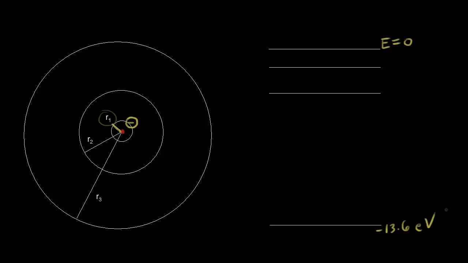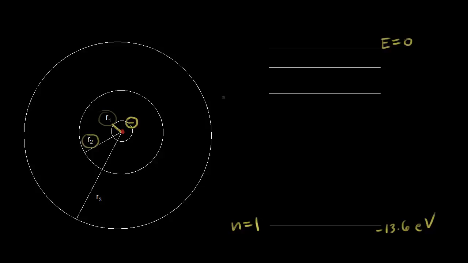So none of this is drawn perfectly to scale, but this is just to give you an idea about what's happening. So this is when n is equal to 1. The electron is at a distance r1 away from the nucleus. We're talking about the first energy level, and there's an energy of negative 13.6 electron volts associated with that electron. All right, let's say the electron was located a distance r2 from the nucleus, right?